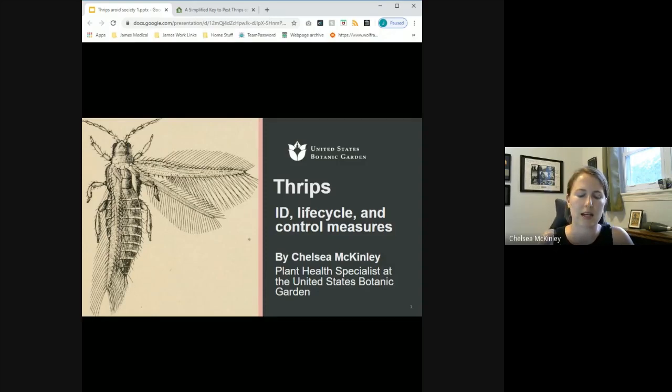Like I had mentioned with their life cycle, they speed up when it's warmer, so you'll see them moving faster and being more active when it's warm versus when it's cold. So that might have an effect on time of day as well. Typically it's warmer during the day and cooler at night. But in general, I don't think they're very active at night.